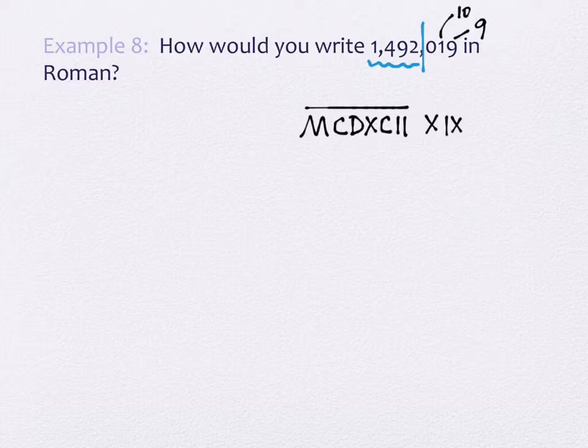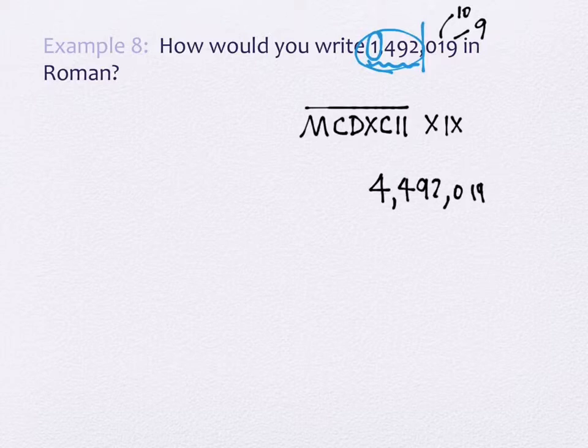The reason we don't is because this is a 1. If the number here had been a 4, it would be different, because I can write the 1 in that location as part of the number 1,492. But if it had said 4,492, I couldn't do that, because I would have to write 4 M's, and we don't write a number 4 times. So if the number had instead been 4,492,019, then this 4 would actually have to be separated here, and it would have to be written as IV with 2 lines.